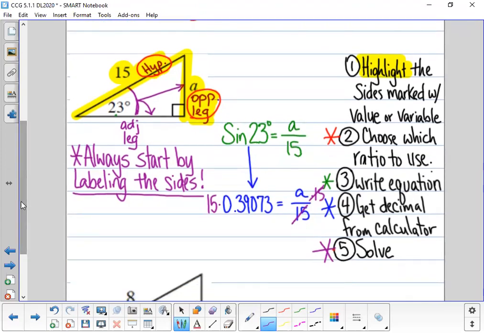And when I do that, I end up with 5.86. Now at this point, since it's my final answer, I'm going to round it to the hundredths. It's 5.8609. So to round it to the hundredths, since 6 is followed by a 0, I just keep it 6. And the right side of my equation was my variable a. And there is my answer.